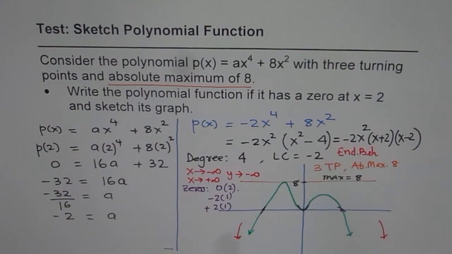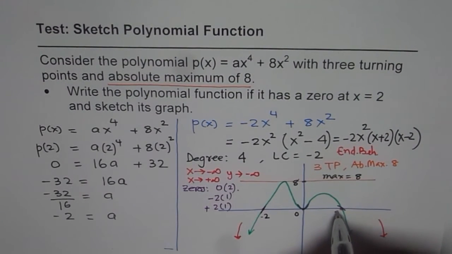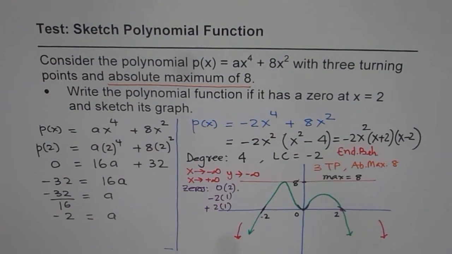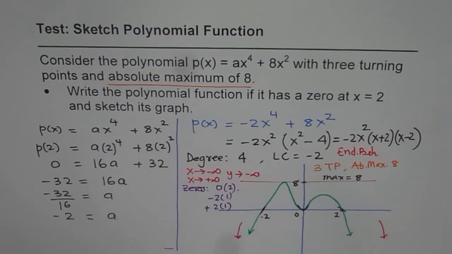So if you sketch like this, you ensure 3 turning points, 1, 2 and 3, absolute maximum of 8, zeros at minus 2, 0 and plus 2, and behavior as for negative leading coefficient even degree polynomial, right?